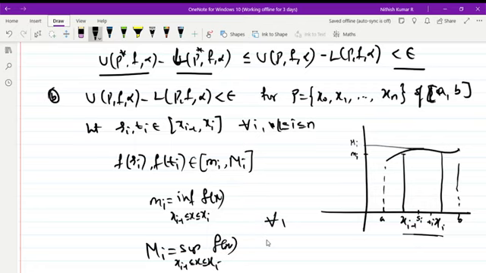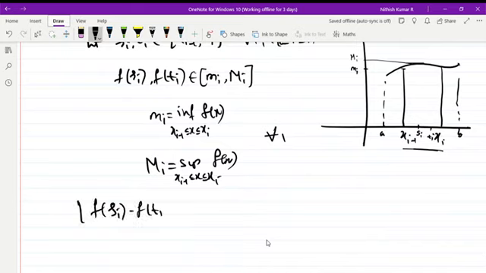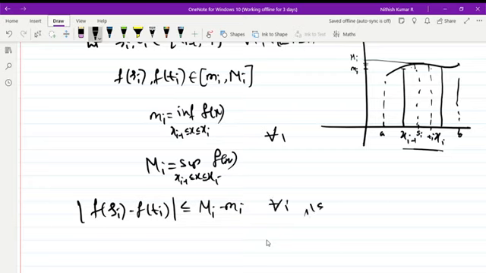Now f of si and f of ti are two values between small mi and capital Mi, so their difference will be less than or equal to Mi minus mi, and this is true for all i between 1 and n.